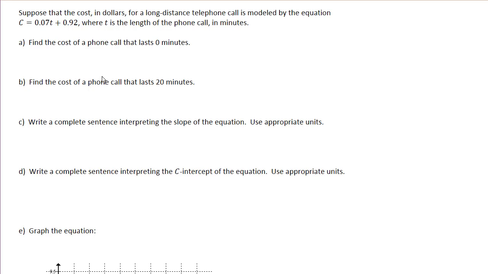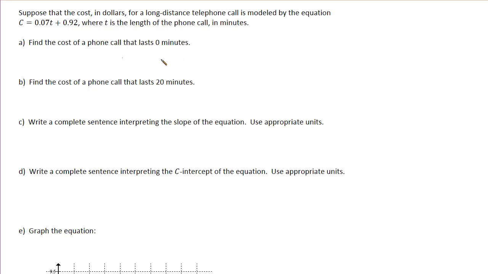Suppose that the cost in dollars for a long-distance telephone call is modeled by the equation C equals 0.07t plus 0.92, where t is the length of the phone call in minutes. Part A asks us to find the cost of a phone call that lasts 0 minutes.